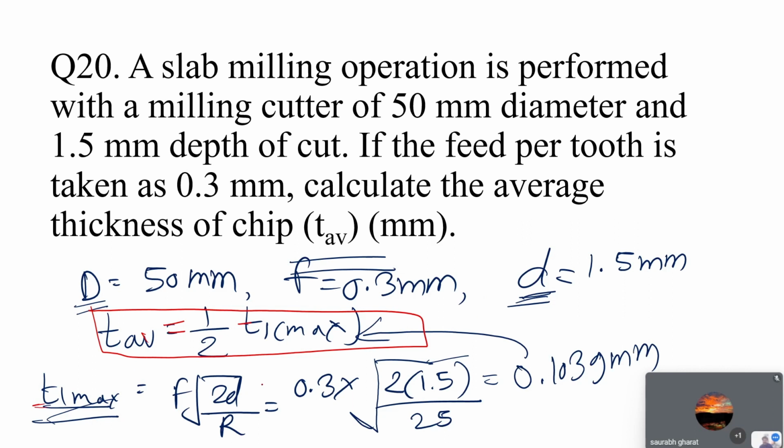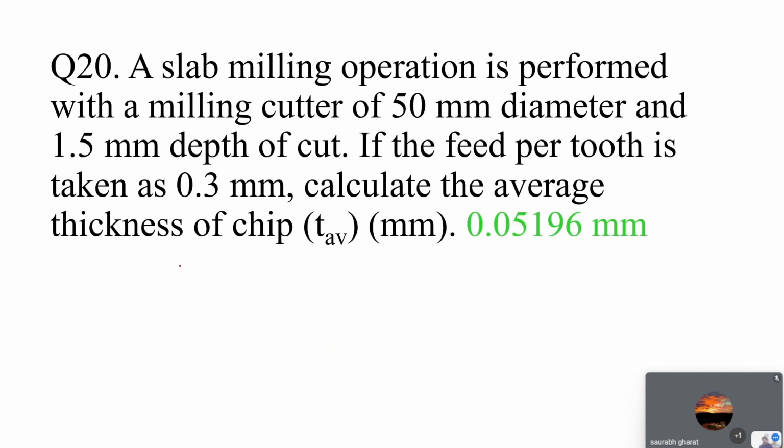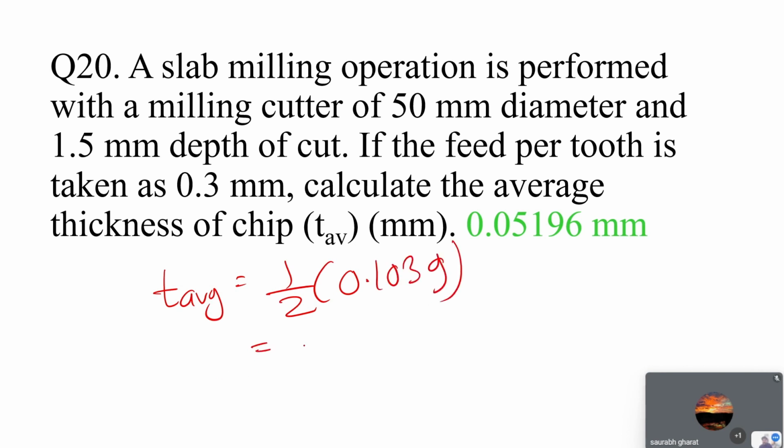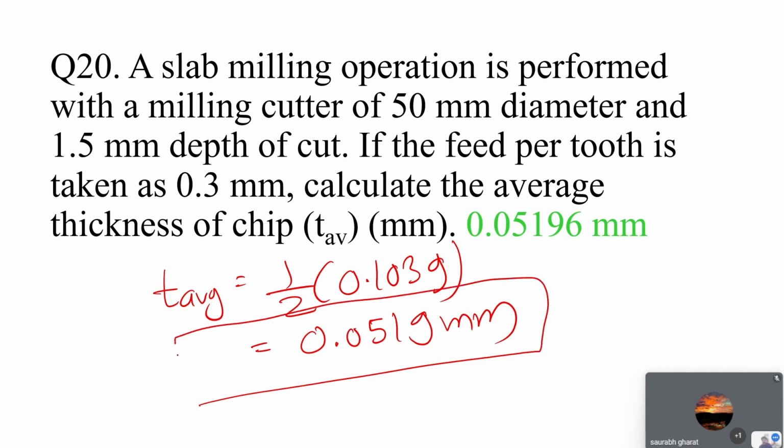You just put this here and what you have to do is divide by 2. So T average is equal to 1 by 2 into 0.1039, which is equal to 0.0519 millimeters, which is the answer we got. This is the answer for T average.